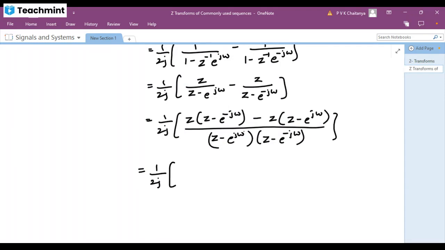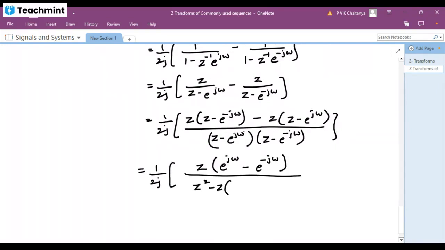So minus z into e power minus j omega plus z into e power j omega. I can write this as z into e power j omega minus e power minus j omega, divided by z square minus z into e power j omega plus e power minus j omega, plus e power j omega into e power minus j omega when multiplying the two fractions. So that becomes 1.